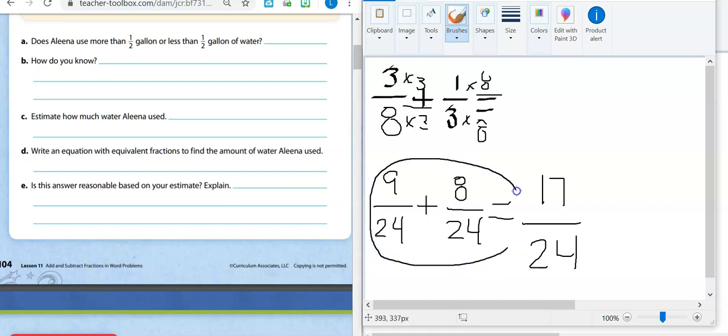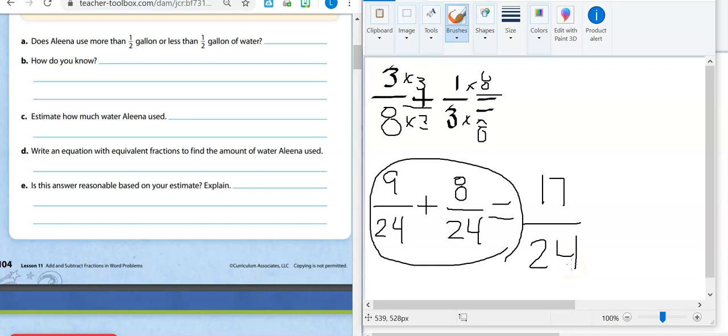And that is right here. Now part E asks us, is this answer reasonable based on our estimate? So in order for us to find out if our answer is reasonable, we must solve, which is what we did right over here. And our answer is 17 over 24.